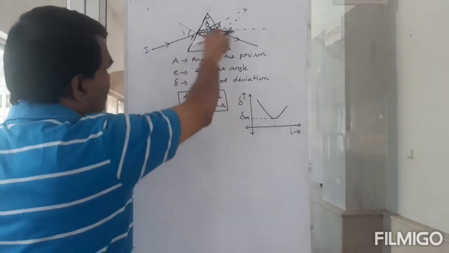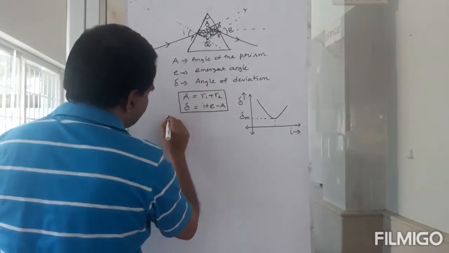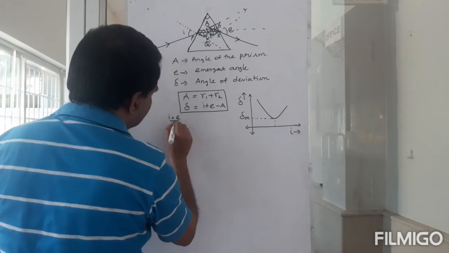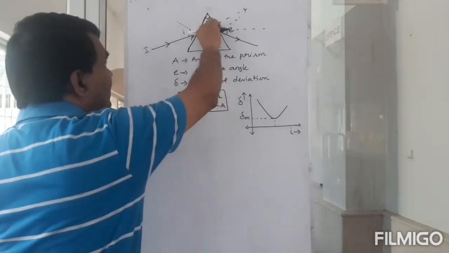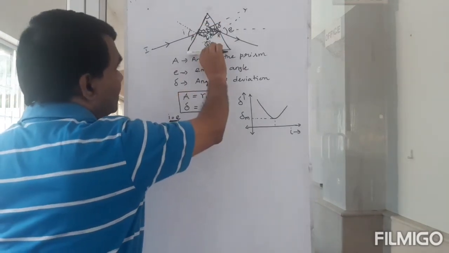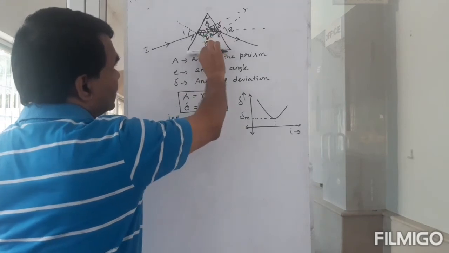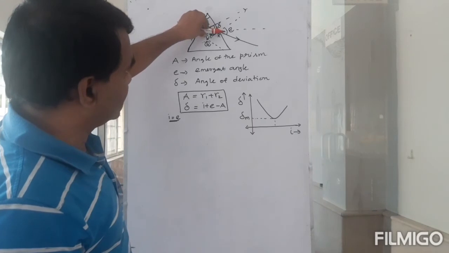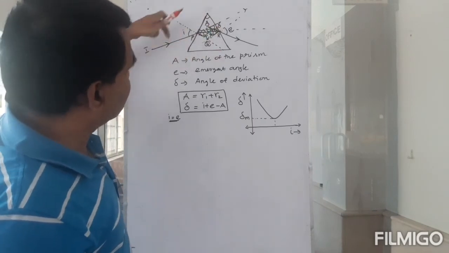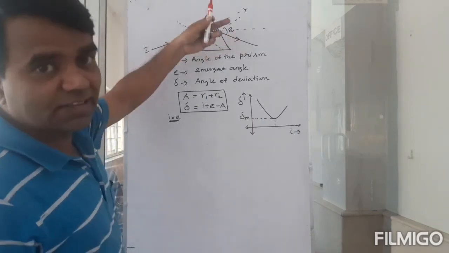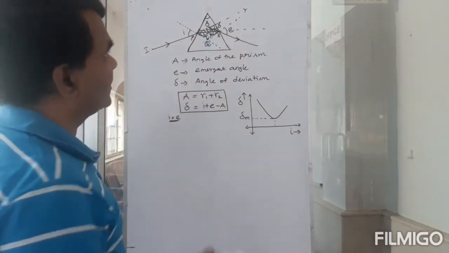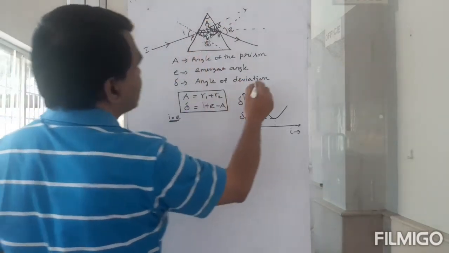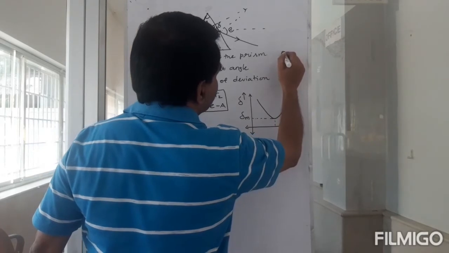Okay, so when will I be equal to E? When will I be equal to E? When this ray is parallel to the base. When the refracted ray here is parallel to the base, then I will be equal to E. You can see that in the geometry very easily. Okay?